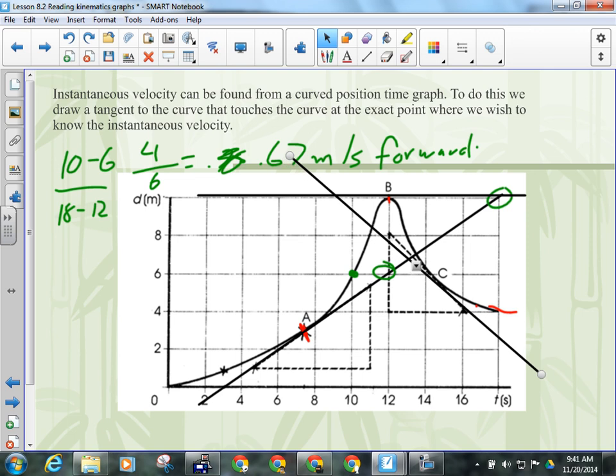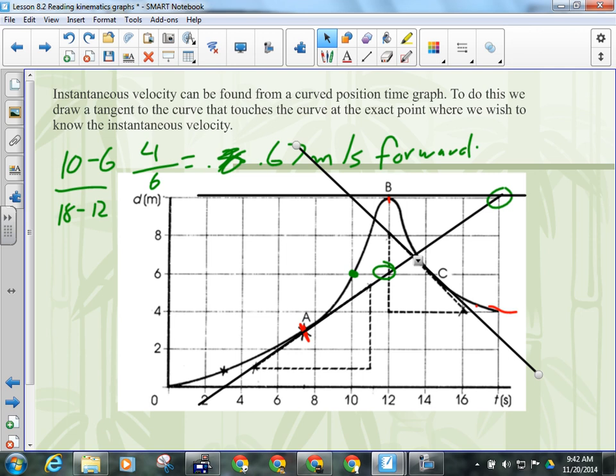I can cheat. There we go. Let me bring that bottom down. There we go. And calculate the slope of that line. I'll have the velocity there. The velocity there will be positive or negative? Negative. It's going backwards there. Everyone all right with that? That's going to happen once in a while. I don't remember the last time I asked that on a unit exam. In fact, I don't think I ever have, to be perfectly honest. But it's still something you do need to know.